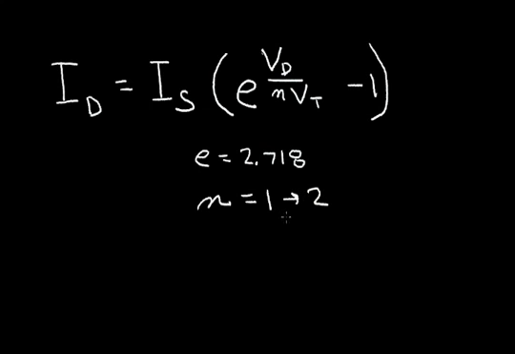It's called the quality factor. There are other names for it, but for our typical silicon diode, I think N usually comes out a little closer to 1. Now the V sub T term is called the thermal voltage, and it's equal to KT divided by Q.